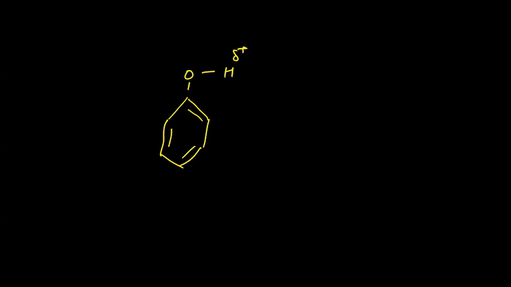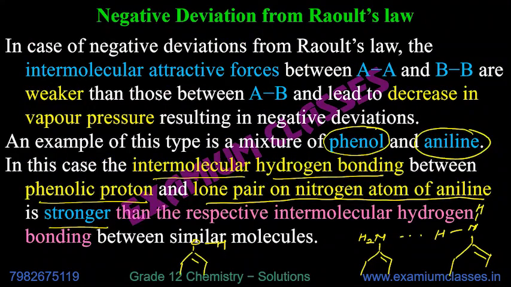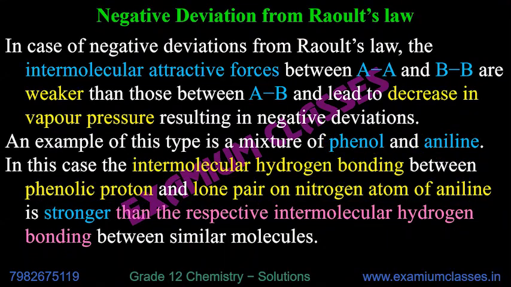So when it is closer to nitrogen, the force of attraction between lone pair and positive charge is higher. So here I am saying stronger hydrogen bonding takes place. Hydrogen bonding was there, but stronger hydrogen bonding in the mixture in case of phenol and aniline.